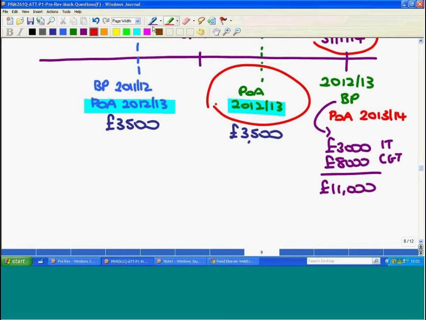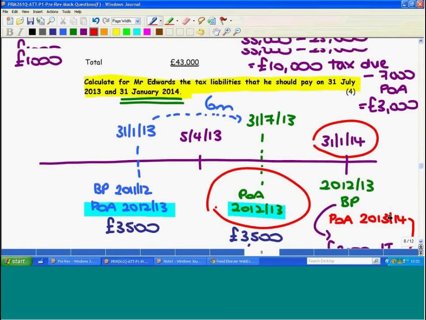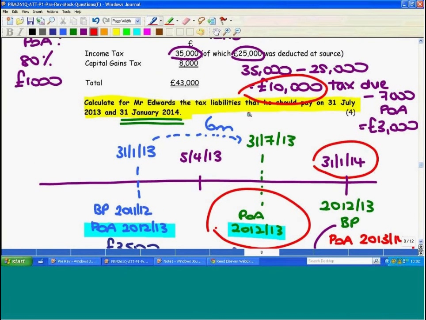Now, what we also need to consider, as shown on my little timeline, is the payments on account. So what I'm going back down to here is the 10,000. So considering what I was left to pay, excluding capital gains tax, I would have had to pay £10,000.